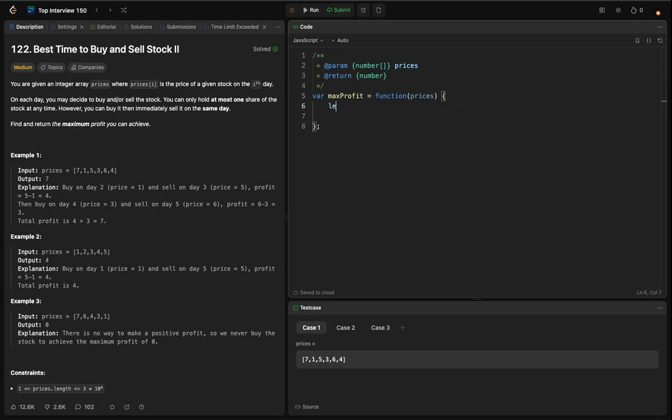So let's create i, which equals 0. We'll use this for looping. I will have let valley, which will be the valley price, starting from the beginning, prices[0].